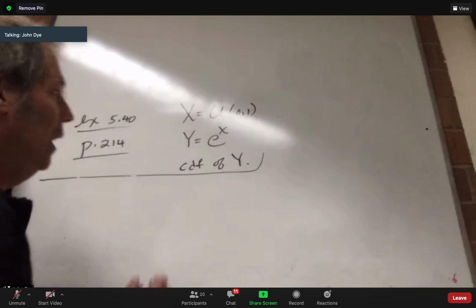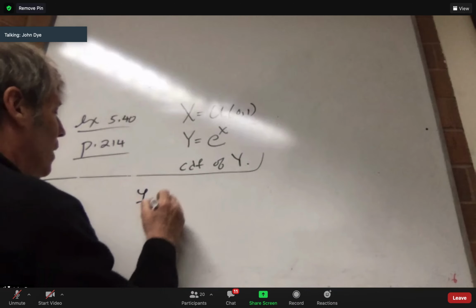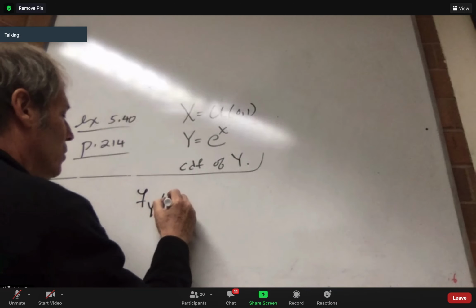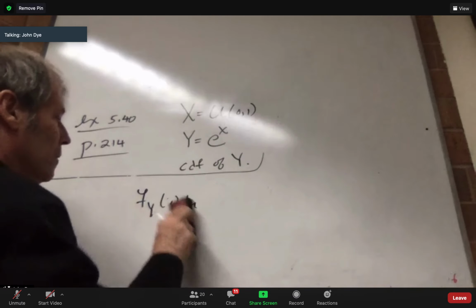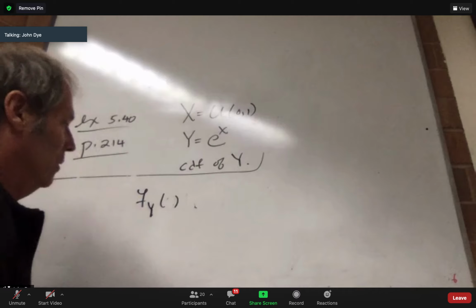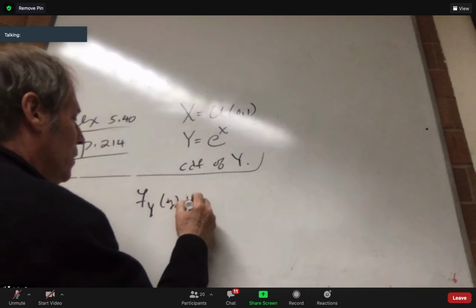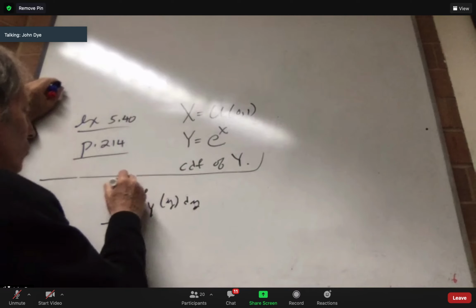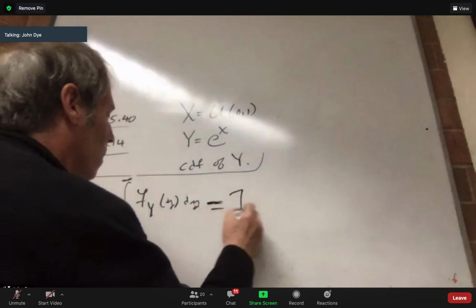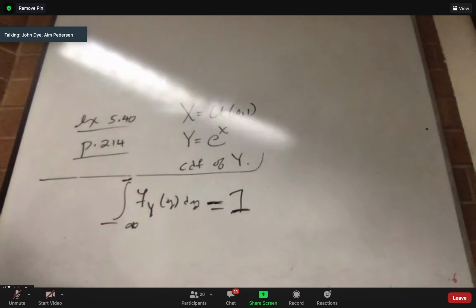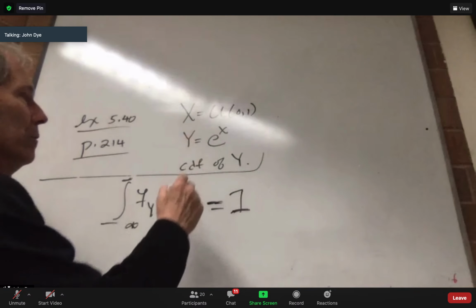You see, I would need to know the density function of y. This is not the density function. No, this is a random variable.